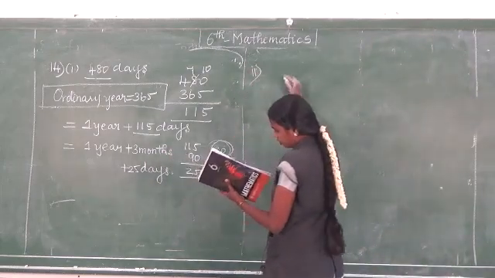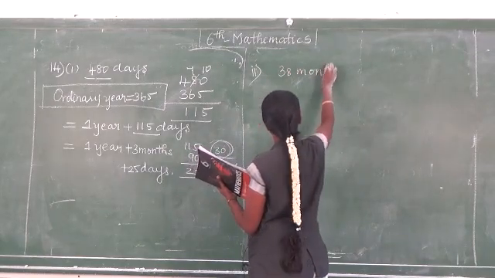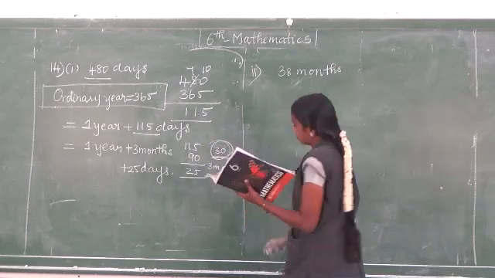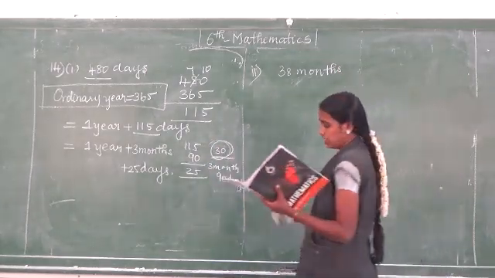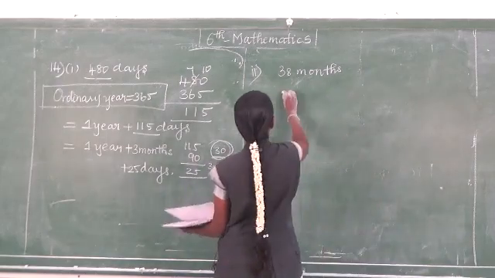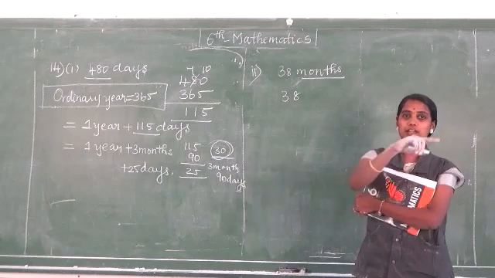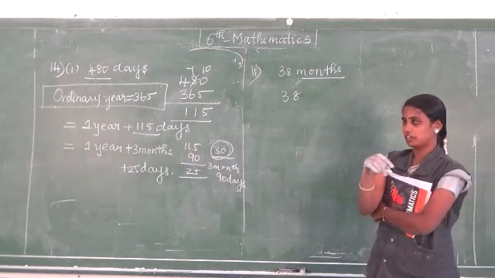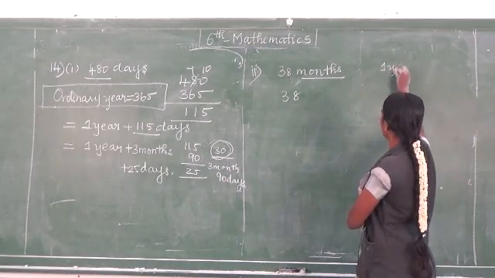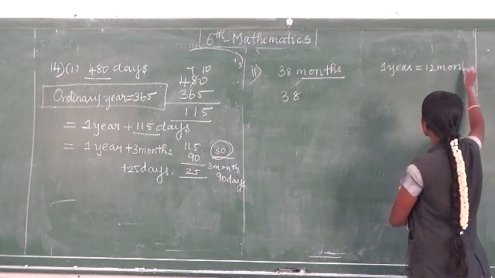Option 2, convert 38 months into years. Month into year: 1 year is equal to how many months, my dear? 12. 1 year equal to 12 months.